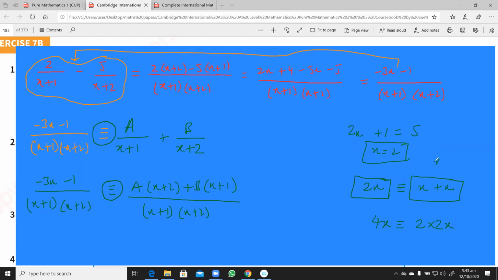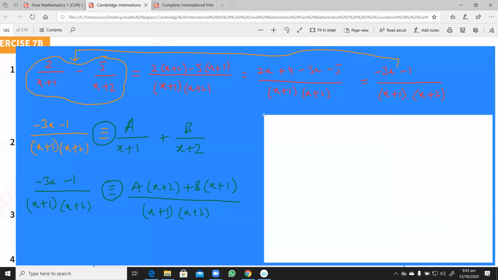If you put x as 1 here, this is 2 into 1, which is the same as 1 plus 1, so 2 is equal to 2. That is why I am using the identity sign over here, and you have to use it as well, because we are saying that minus 3x minus 1 over all of this is the same as a over x plus 1 plus b over x plus 2.